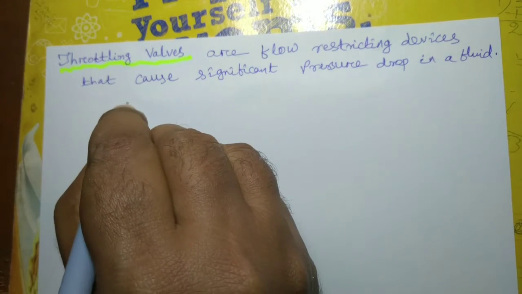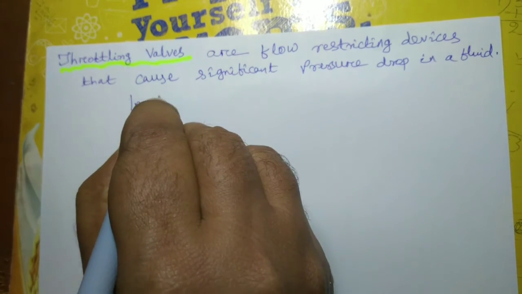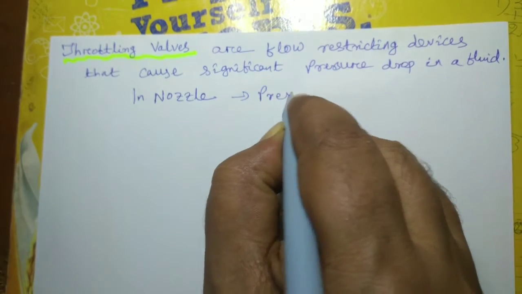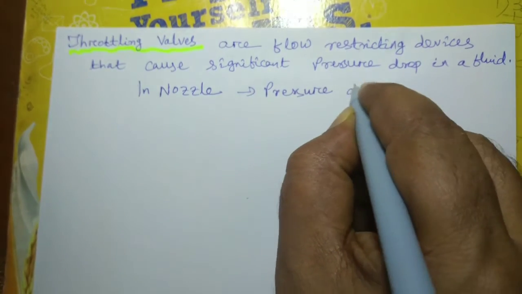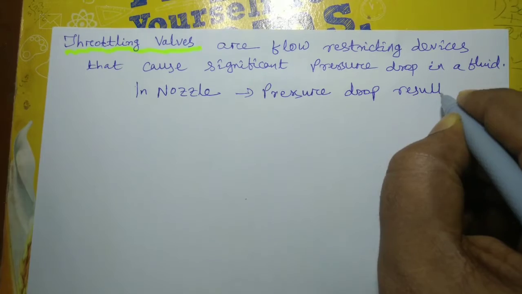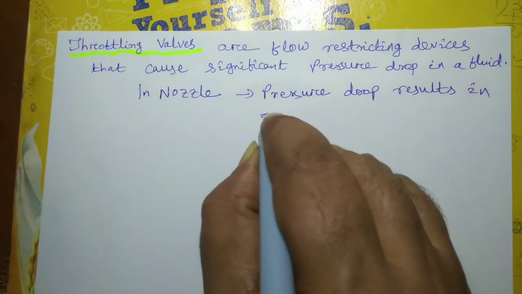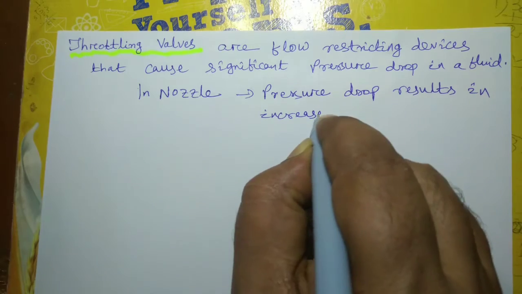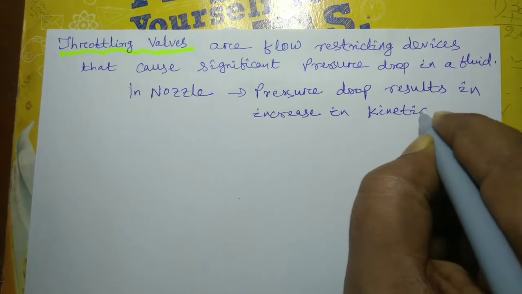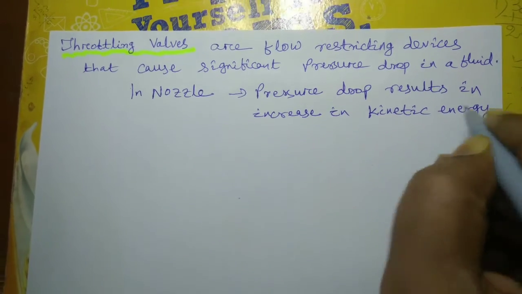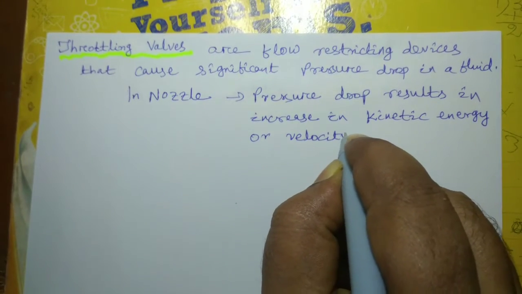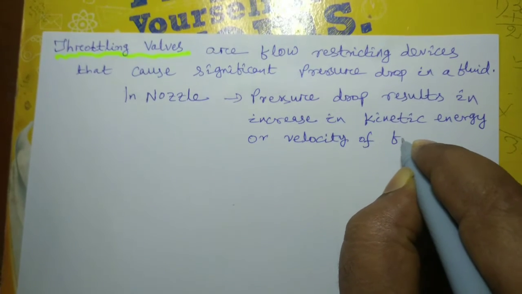So the first difference is, in a nozzle, the pressure drop results in an increase in kinetic energy or velocity of the fluid.